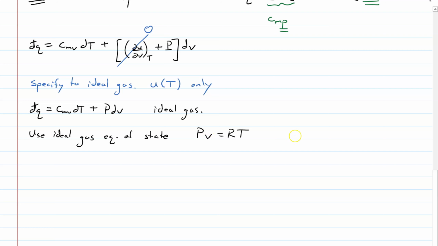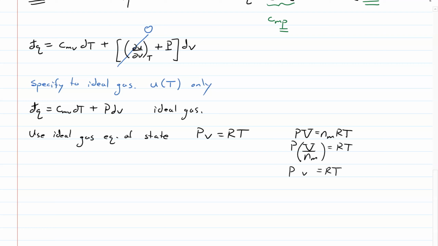This is a small v. Remember, P capital V is nRT. If I bring the n to the other side, this is PV over number of moles equals R times T, but this is the small v, the specific volume. So PV equals RT, and if I deal with the specific volume, I don't need to write the number of moles there.